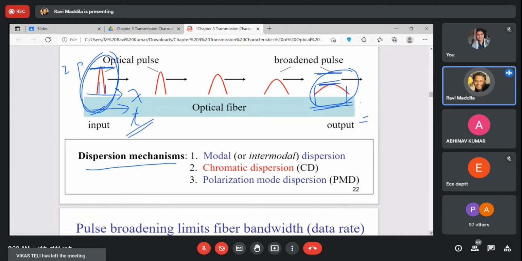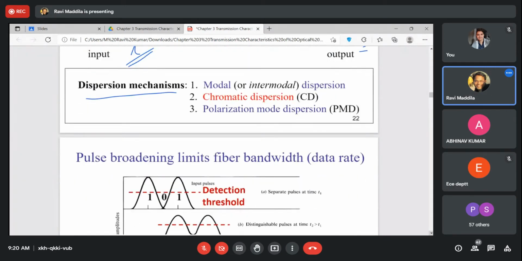That would result in polarization mode dispersion. The effective result of this polarization mode dispersion is similar to this pulse broadening.